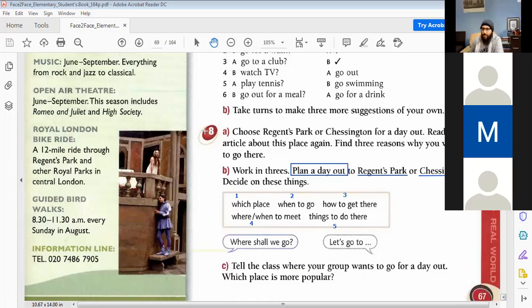All right. So, okay, Besma, you can ask Rana and see if she agrees with your suggestion. Okay. Rana, where shall we go tomorrow? To Chessington. Okay, you can say, let's go to Chessington.